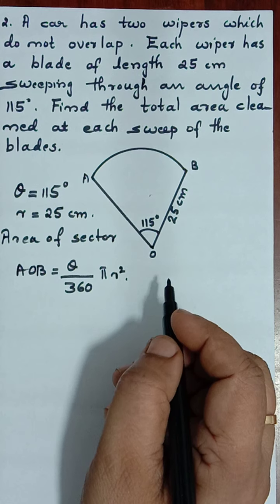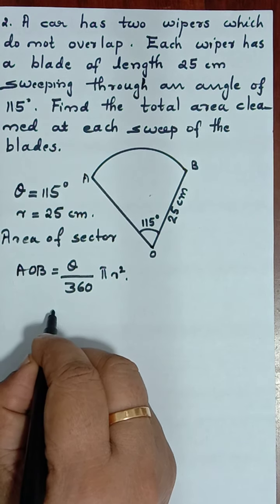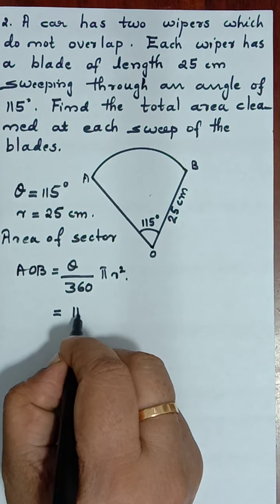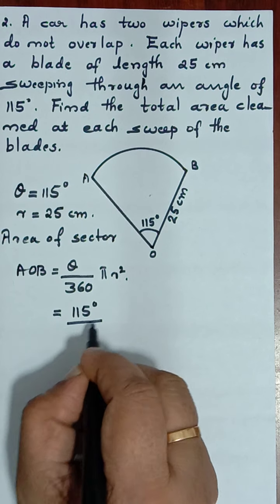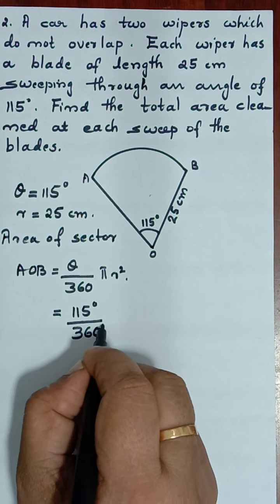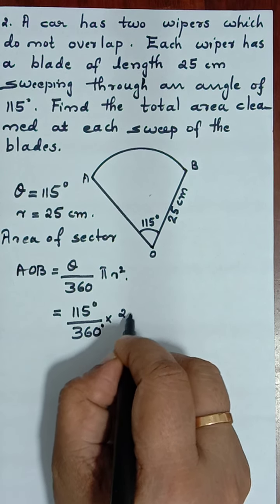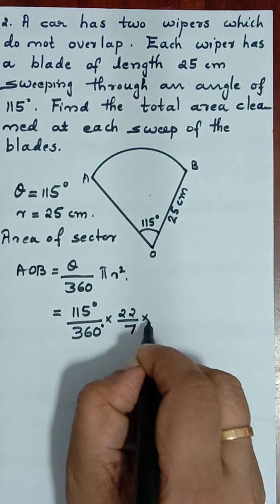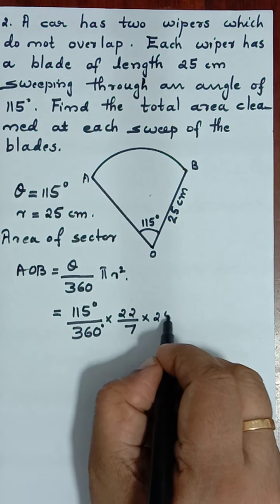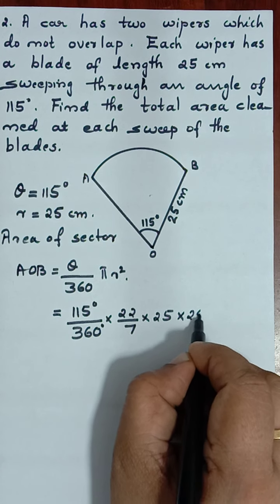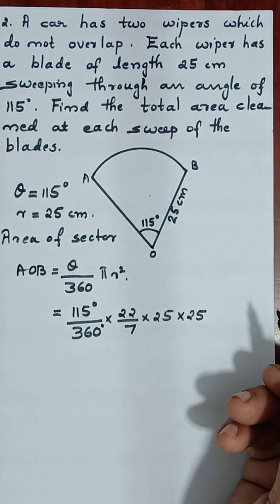Okay. So now let us substitute the values. Here you can substitute theta given as 115 degree divided by 360 degree into 22 by 7 into r square, 25 into 25. Here also you can cancel.